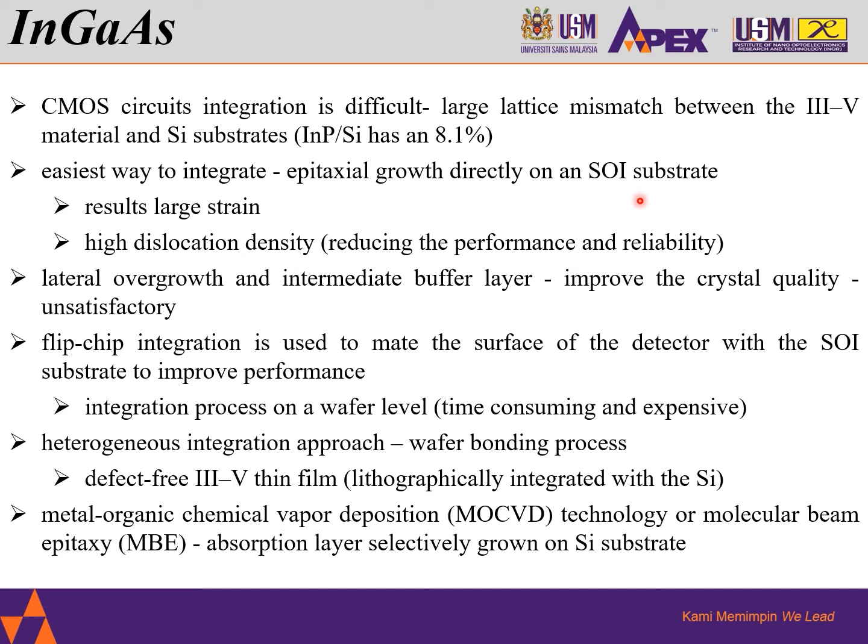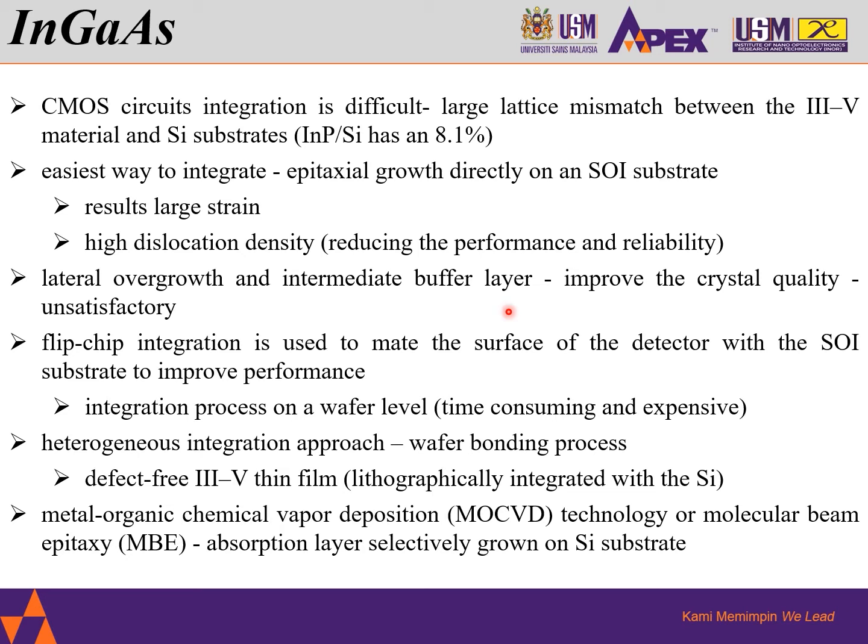But this leads to large strain and high dislocation density, reducing the performance and reliability of the PD. So lateral overgrowth and intermediate buffer layers are also used to improve the crystal quality, but the performance is still unsatisfactory.